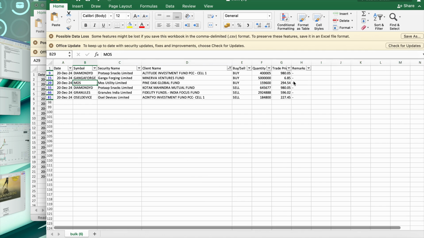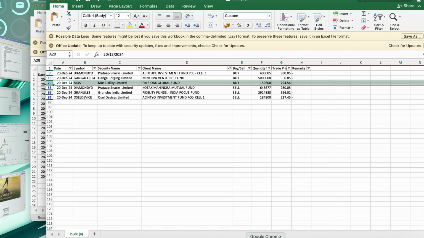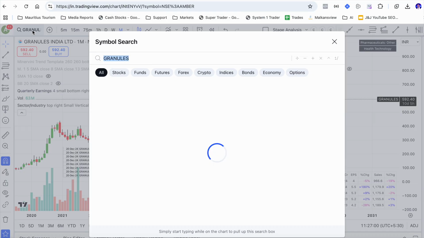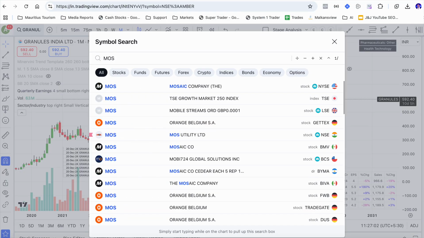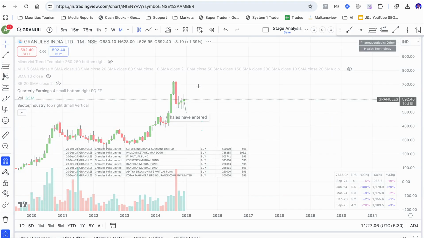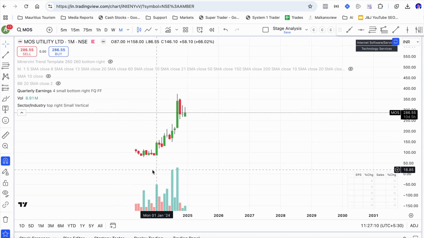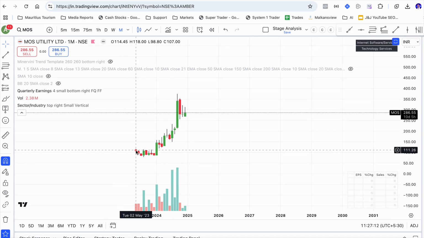So that's when I realized, okay, let's look at Moss. This one helps me understand how to filter, right? So now I'm going to Moss and seeing this Moss utility, and I'm checking that out. Now if you see, this is an IPO stock. Why am I saying IPO stock? The IPO came out in May 2023, and from there it did a breakout.